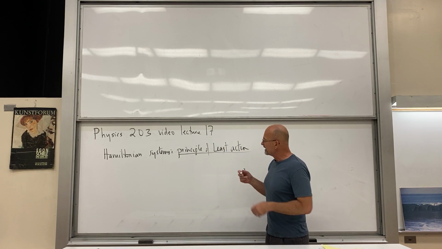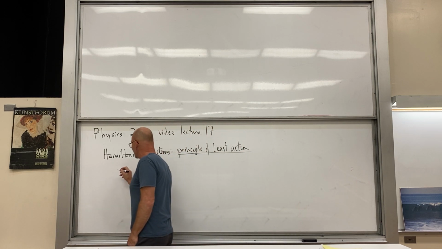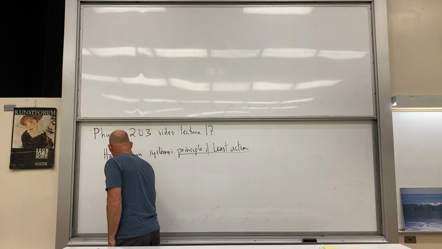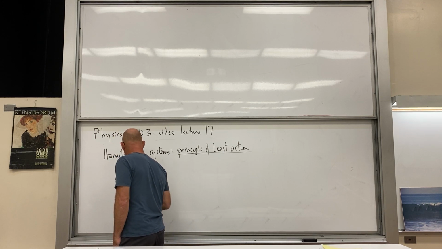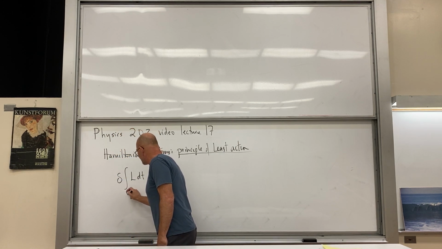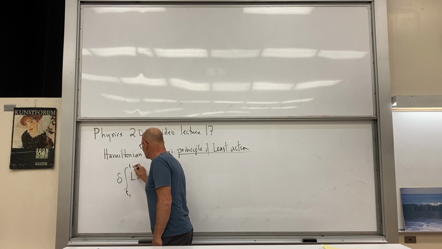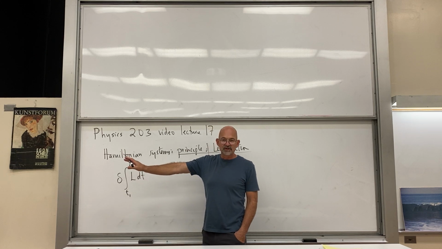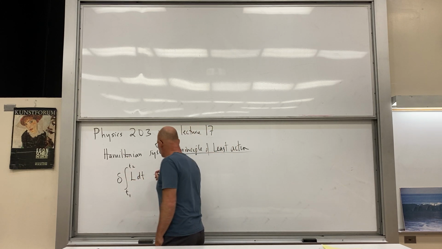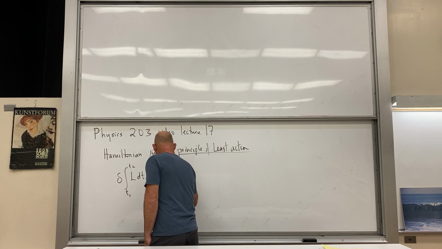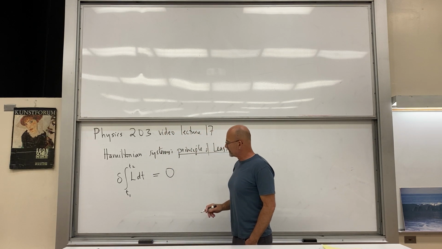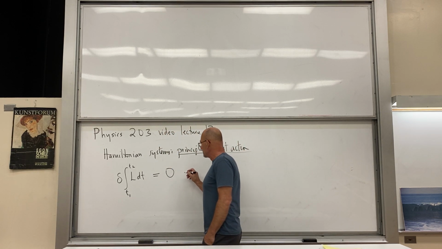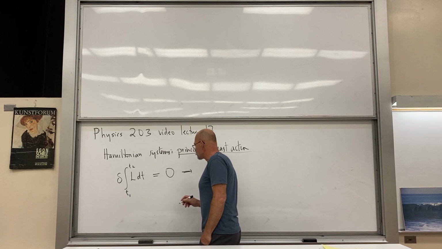So the principle of least action was this, that the variation of this integral with fixed boundaries, T1 to T2, for the Lagrangian, kinetic minus potential energy, the variation of that vanishing meant that we had the Euler-Lagrange equations.